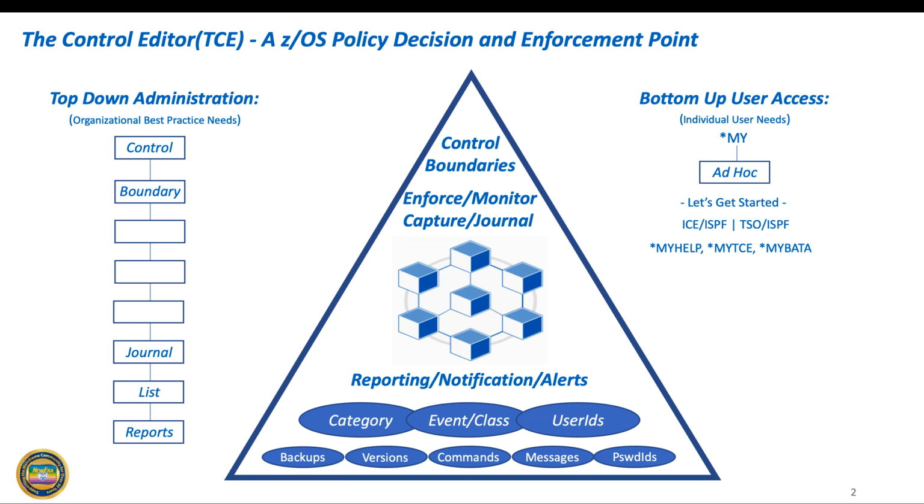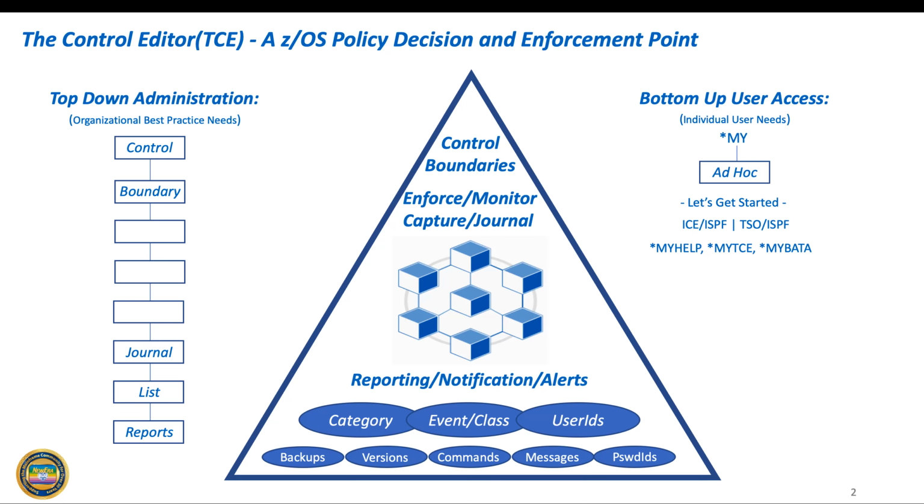The reports themselves can contain information about categories. These are boundaries that we place around specific data sets or Unix files or libraries in order to watch them and to see what activity goes on within them or to prevent access to them, much like an external security manager.